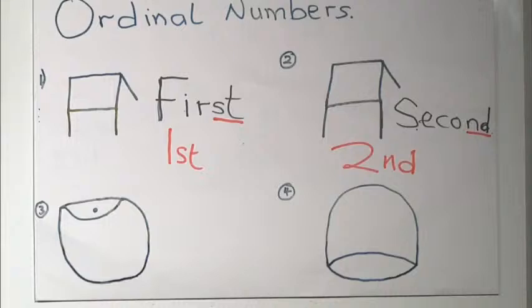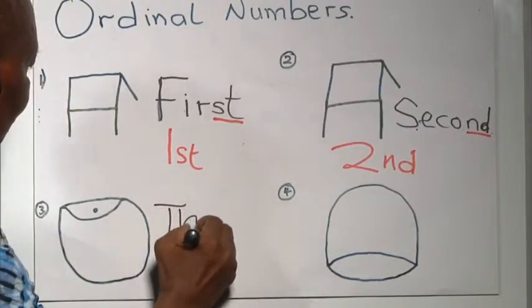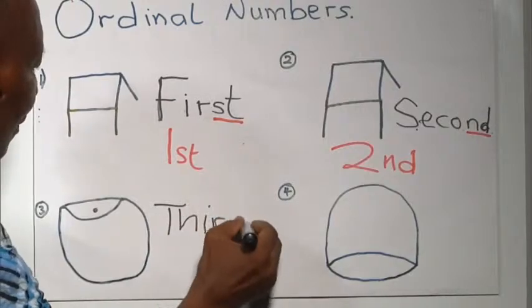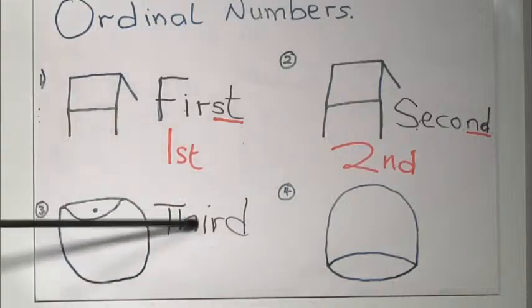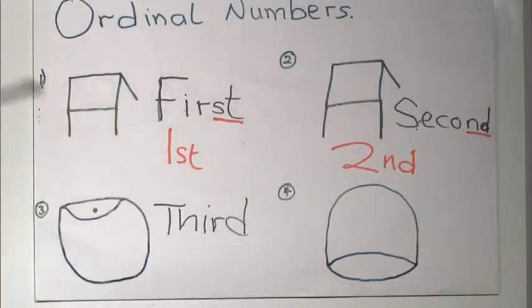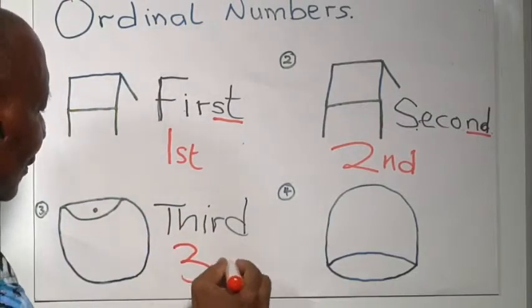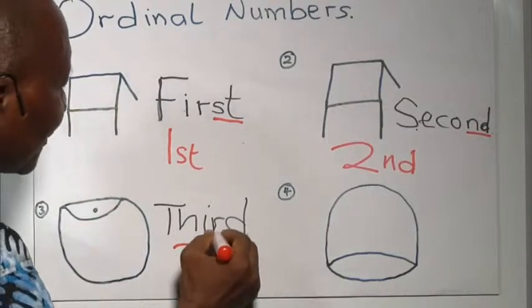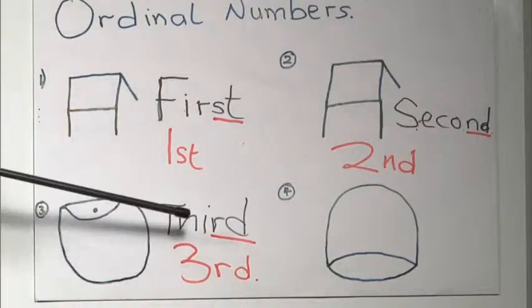Number 3. That is the third one. So, say third. Third. And this is the spelling. When you want to write it, you see the RD is attached to 3, making it third.